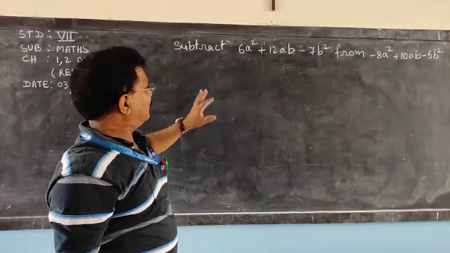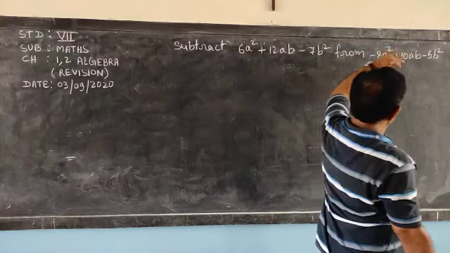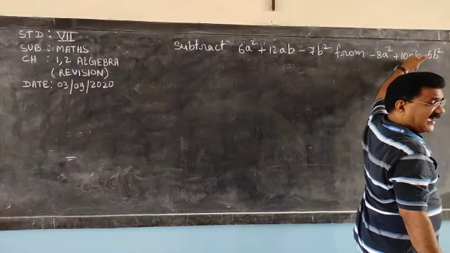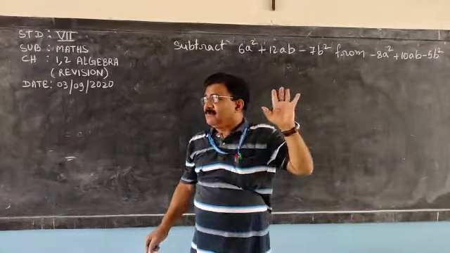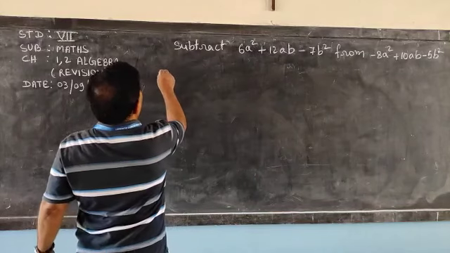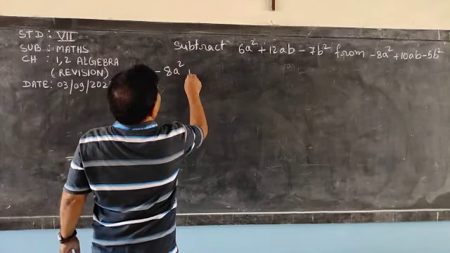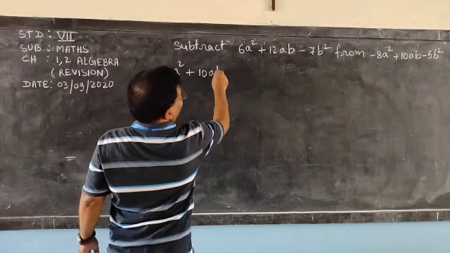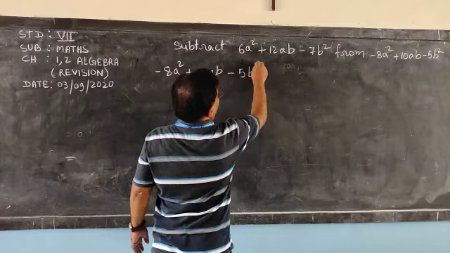First, let us come to the horizontal method. Subtract this from this means first we will write this one. Subtract 2 from 5 means first we will write 5. So first write minus 8a square plus 10ab minus 5b square.